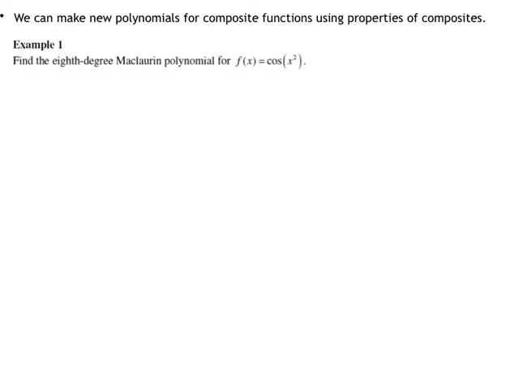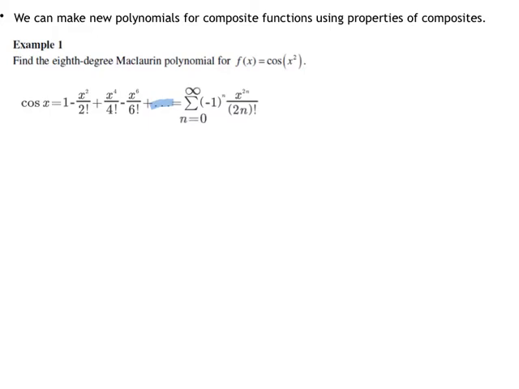So the Maclaurin polynomial for cosine of x looks like this. This is the Maclaurin series for cosine x, and the big difference is the plus dot dot dot, and the fact that my series goes from 0 to infinity.